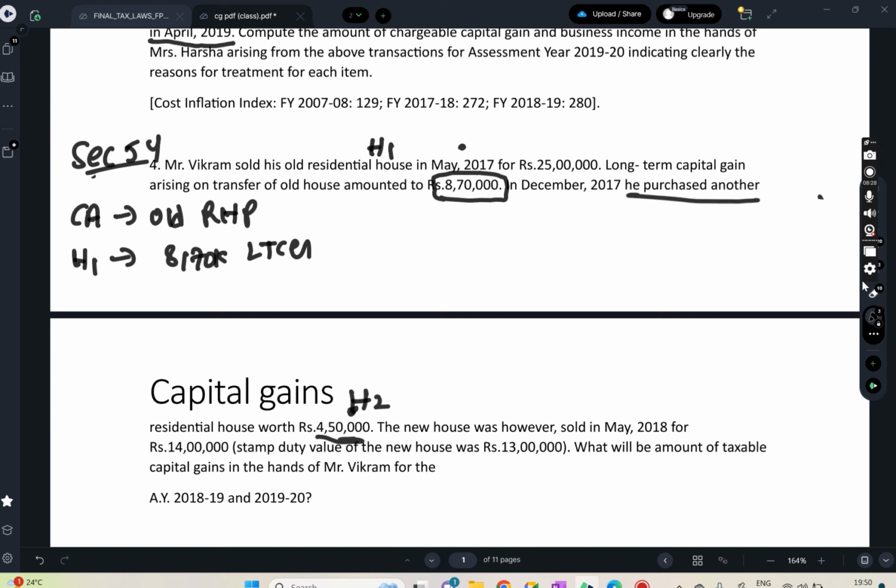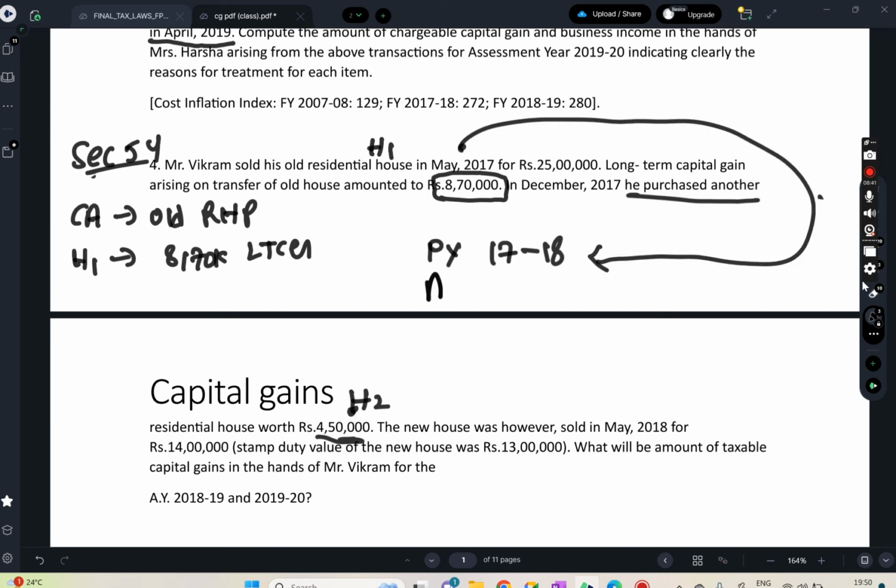This will come under 17-18, so the previous year is 17-18 and the assessment year will be 18-19. In this year, LTCG is equal to 8,70,000, and immediately in 2017 itself I bought another house, H2.